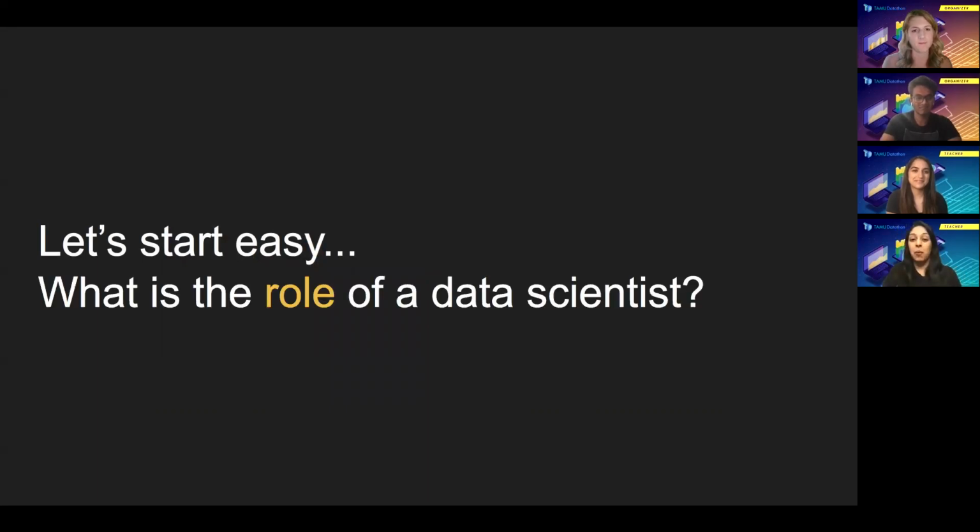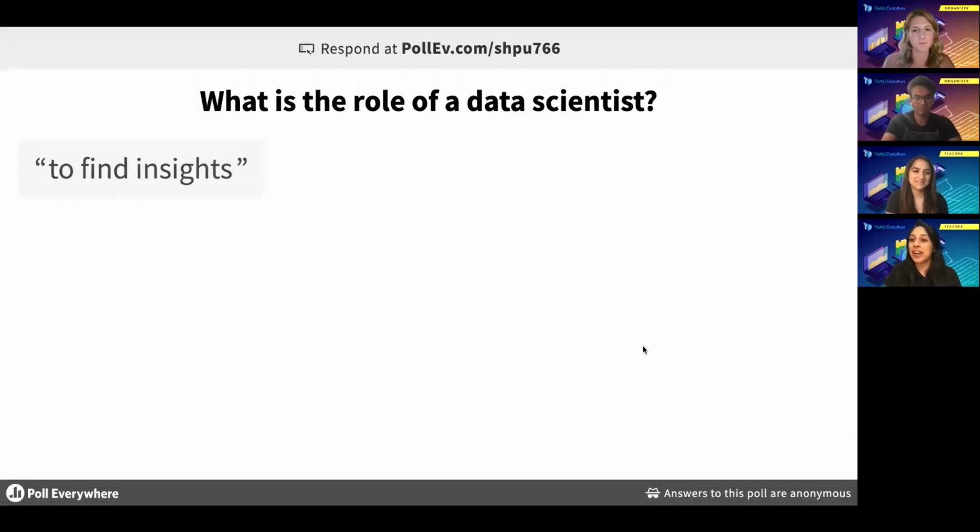Cool, so let's start with a really easy question. What is the role of a data scientist? There's a lot of answers to this, so we'd love to get an idea from the audience of what you all think being a data scientist really means. And this can also help us understand what you all are looking forward to in this talk.